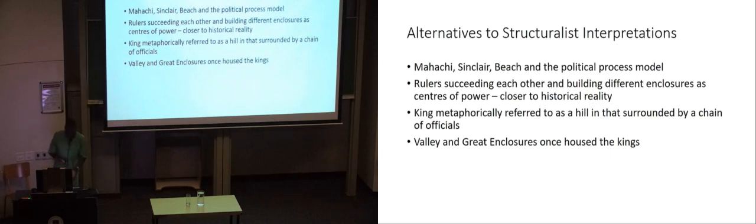There are some alternatives that were presented. So David Beach, Paul Sinclair, and Godfrey Mahachi, they talk of what they call the political process model, whereby the different elements of Great Zimbabwe, such as the hill, the great enclosure, and the valley, were at one point or another residences of the kings. And then if you add a chronology onto that, that makes sense.